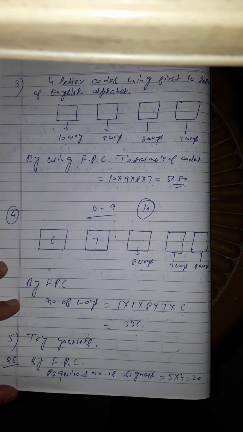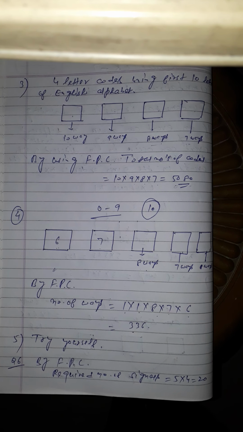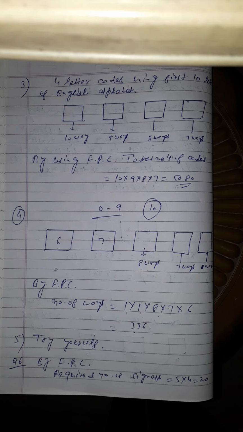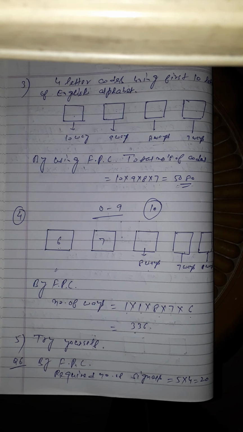Next is question number 5 students, same. Question number 6 is given 5 flags of different colors. How many different signals can be generated if each signal requires the use of 2 flags one below the other? Right students? The upper flag can be selected from the given 5 flags in 5 different ways.